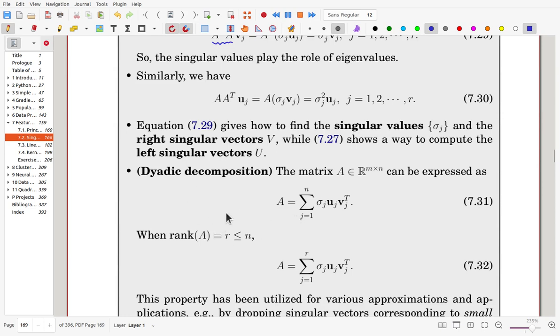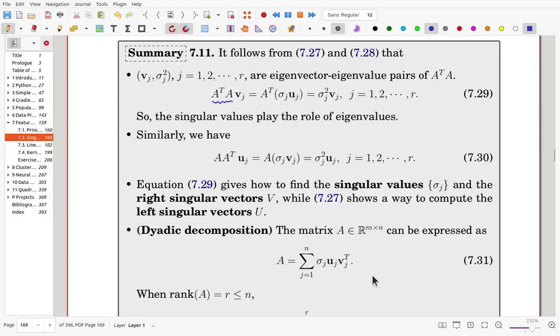Now, the singular value decomposition: A is U sigma V transpose. That can be written in this way, which is called the dyadic decomposition. Rank 1 matrices are added from 1 to n.